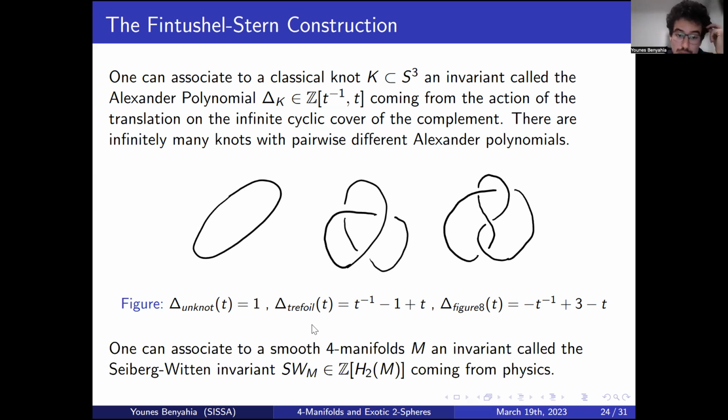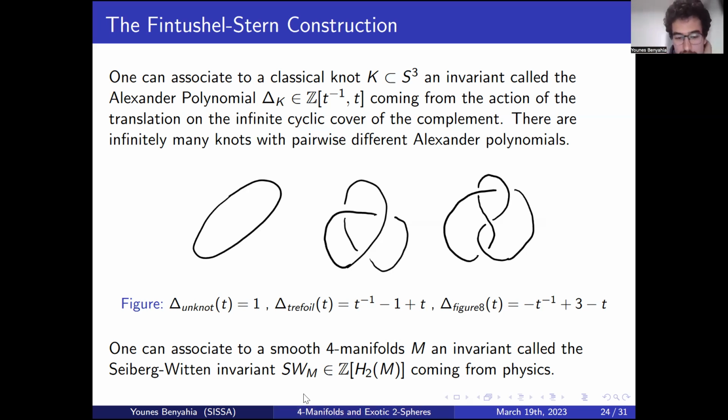Another invariant, but not of knots, this time of smooth four-manifolds, is called the Seiberg-Witten invariant, which is an element of the group ring of the second homology. Think of it as formal combinations of the elements of the second homology, somehow making them into a polynomial.